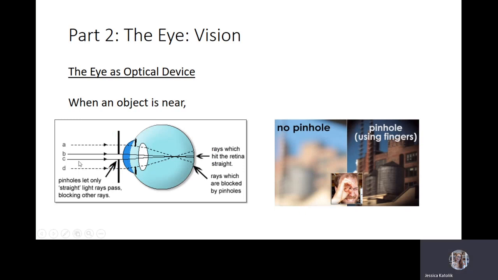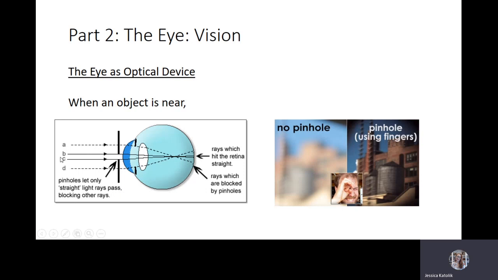So let's look at a pinhole camera. A pinhole will be a little hole that will allow light to enter. And what will happen is the other areas of the pinhole camera will prevent divergent areas of light from entering the eye.